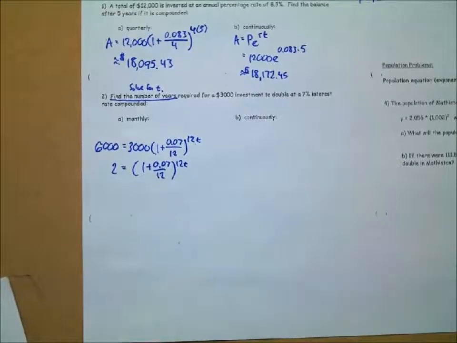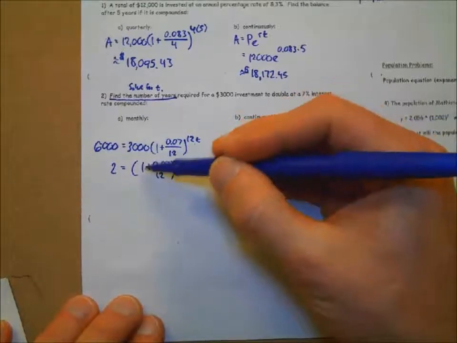Okay, and now at this point, we've got to get that t out of the exponent. What can we use to get that t out of the exponent? Logarithm, okay? You can use log base whatever you want. If you want to use log base 10, that is the common log. If you want to use natural log, ln, whichever one you want here. You could do log base 1 plus 0.07 over 12 if you like.